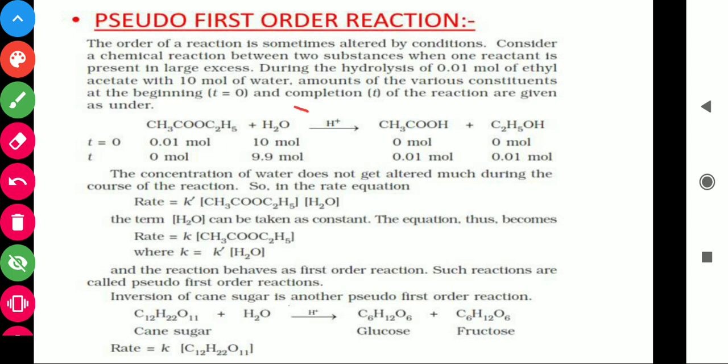For example, in this reaction, water is in excess. So the concentration of water does not alter. It will not change much even after the reaction takes place. Such a reaction is known as pseudo first order reaction.